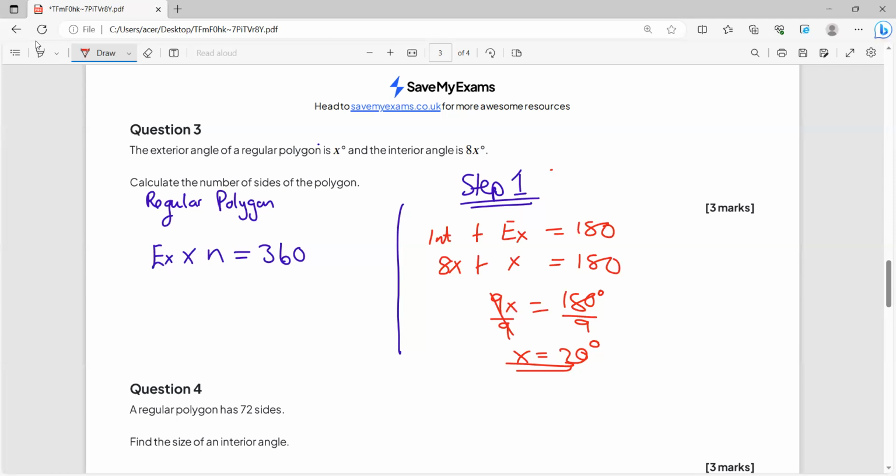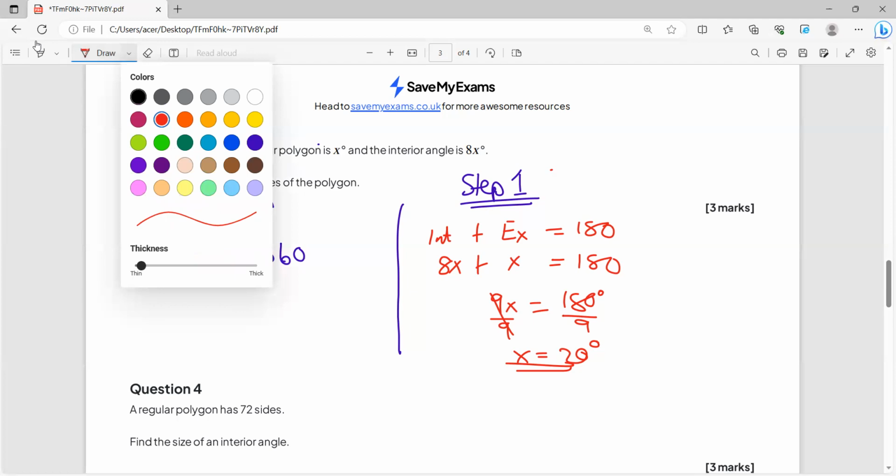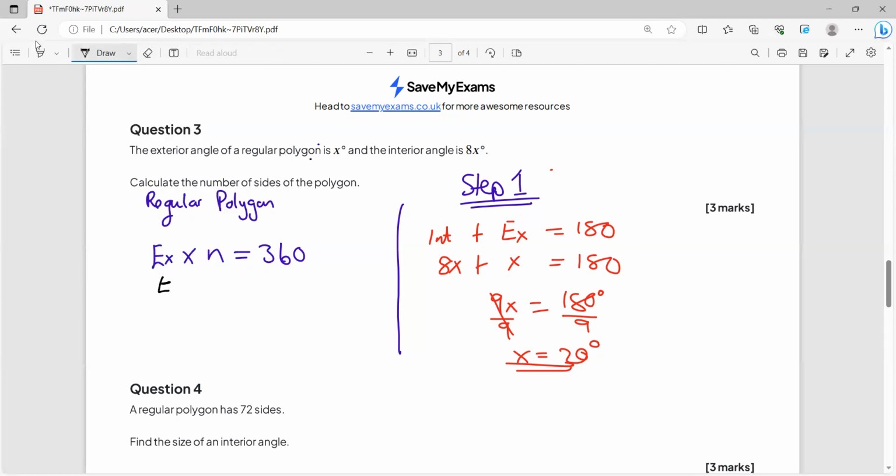Now we can take that 20 degrees to our formula. So our exterior angle times n must give us 360. Our exterior angle is 20, times n must give us 360. We divide by 20 both sides so that we make n the subject.